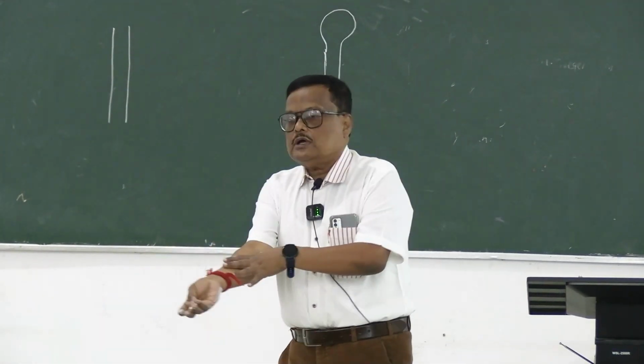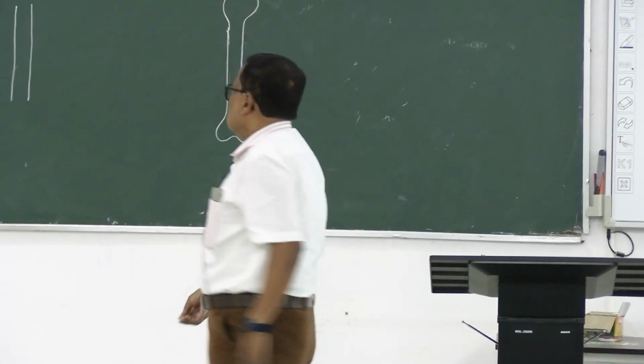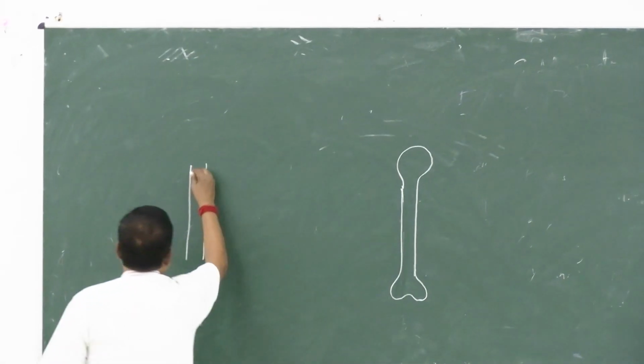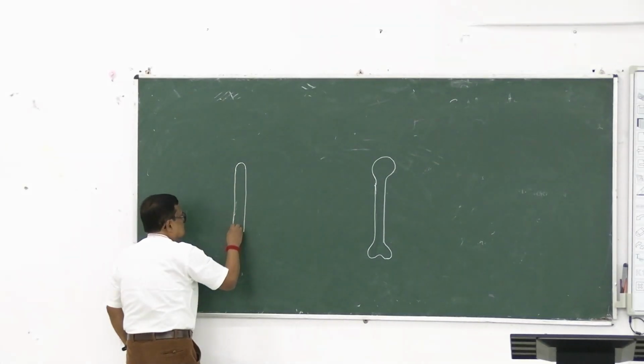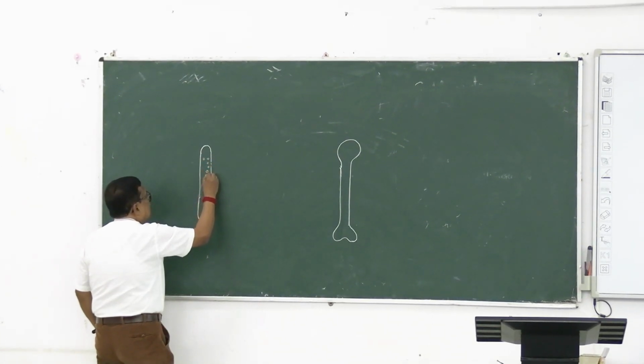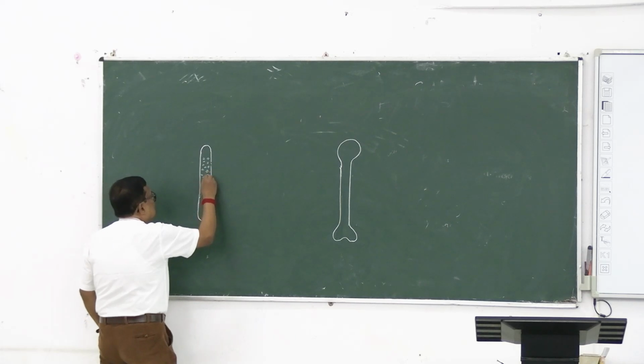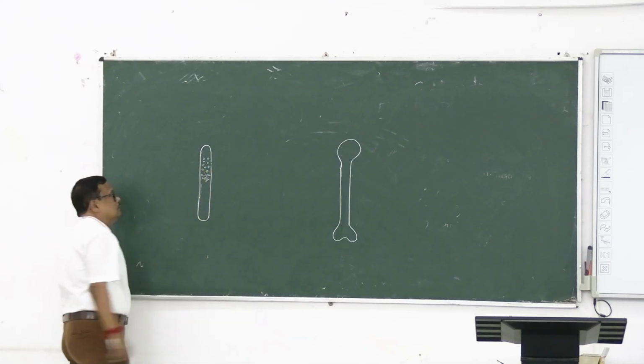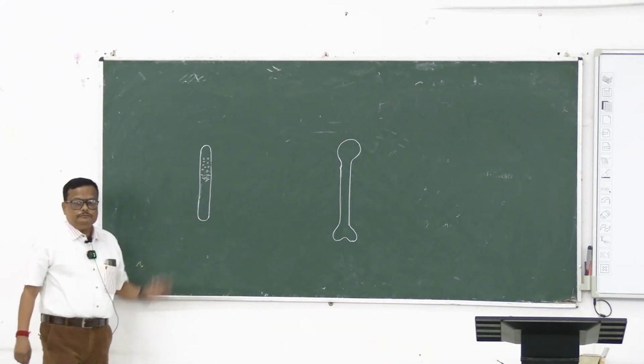Suppose they produce the humerus. The model will be like that. And this cell is known as the cartilage producing cell, the chondroblast, which produces cartilage. And the model is like that.